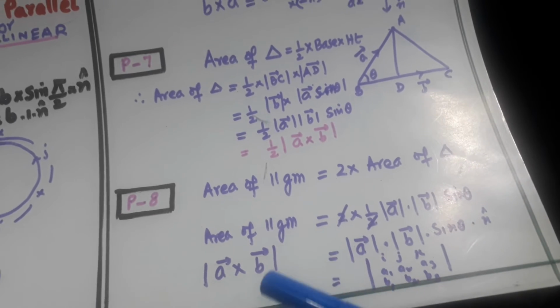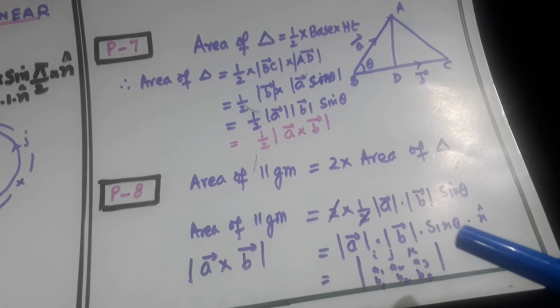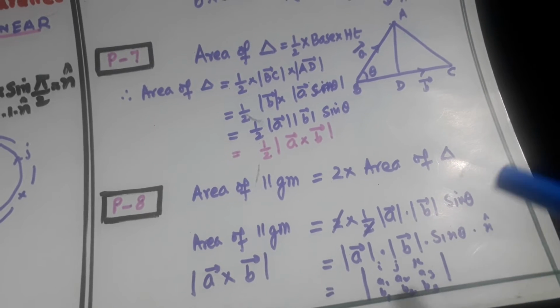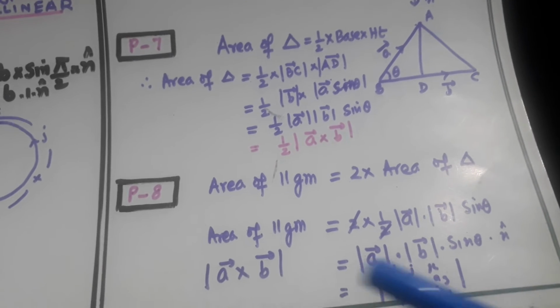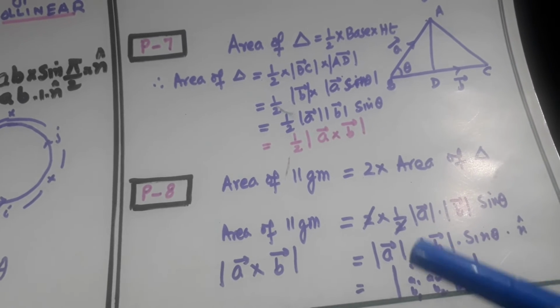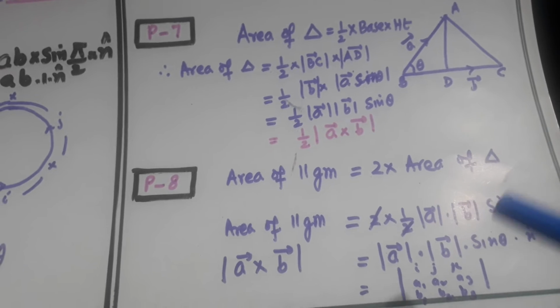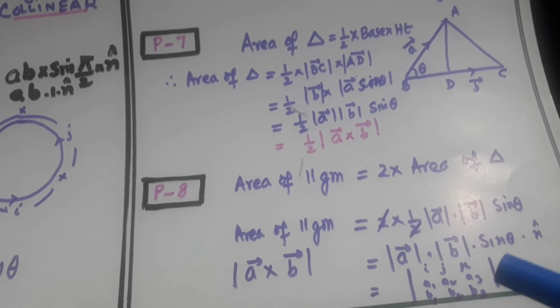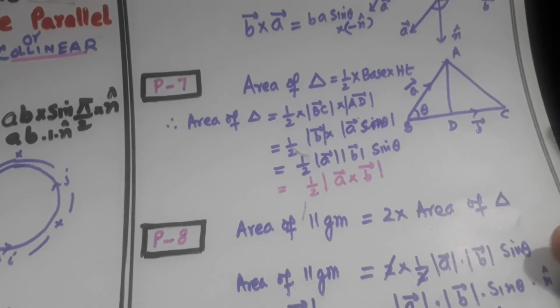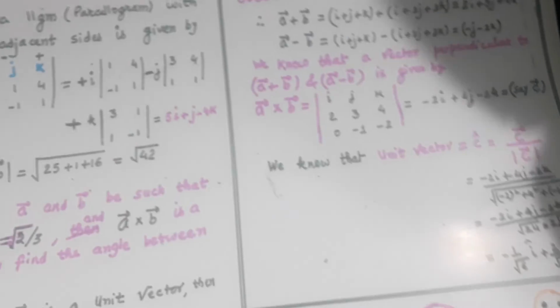Magnitude of A cross B will be AB sine theta n cap. Take its magnitude. A cross B ka magnitude, it is the determinant. I have already discussed. Cross product means determinant. So let us go further.